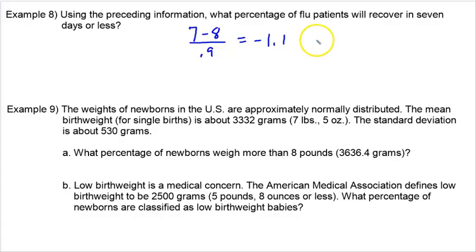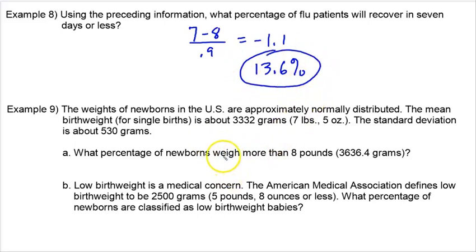This time we're not going to have to do any subtraction. We just look up the z-score and that percentage, and we'll round to the nearest tenth. So that would be 13.6% of flu patients will recover in 7 days or less.